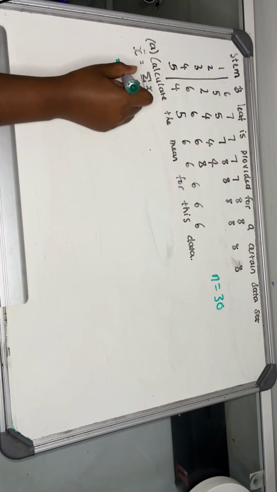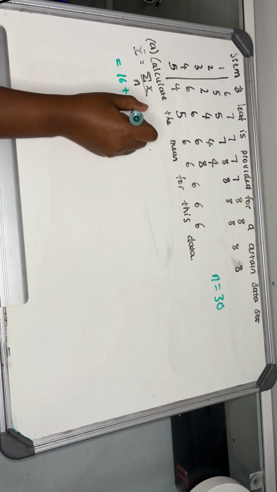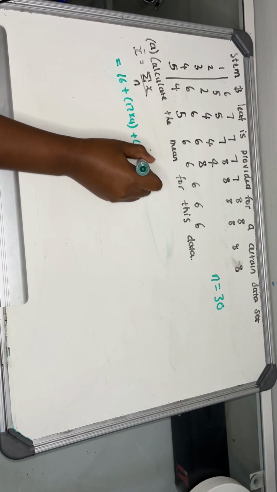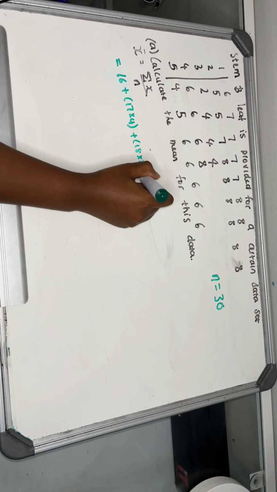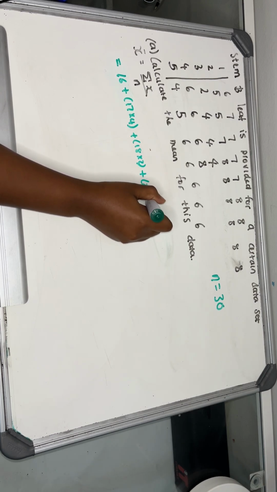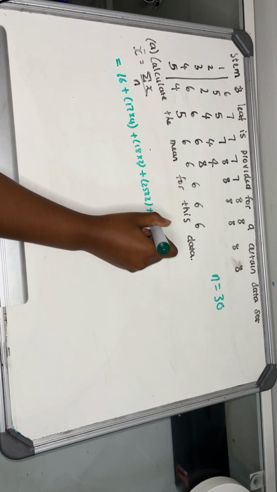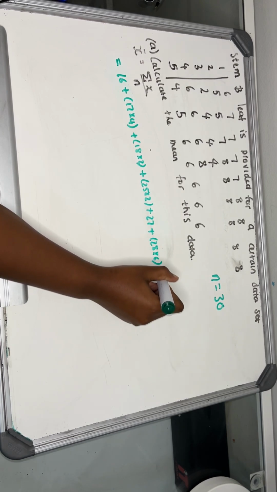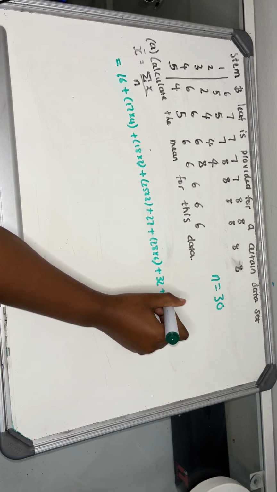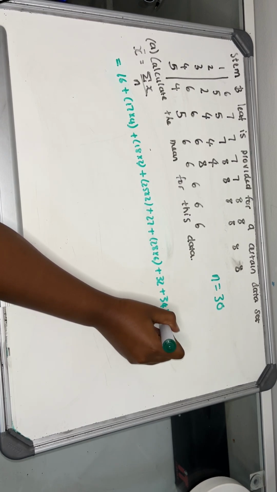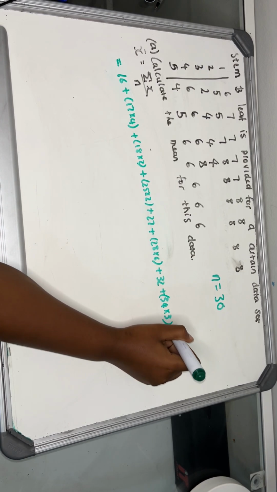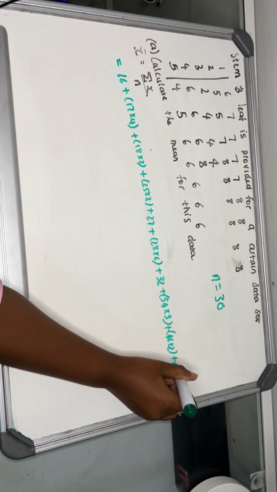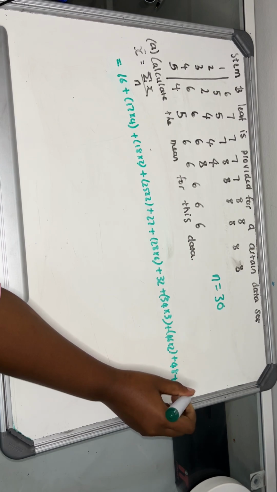So we'll say 16 plus 17 times 4 plus 18 times 2 plus 25 times 2 plus 27 plus 28 times 6 plus 32 plus 34 times 3 plus 46 times 2 plus 48 plus 54.